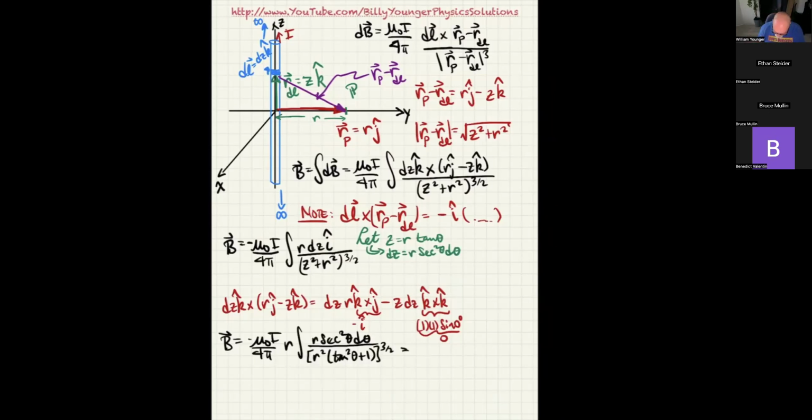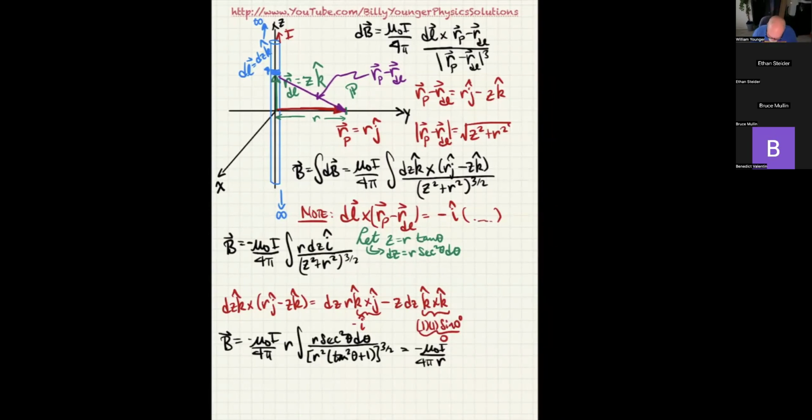Now, what I have is that r squared in the bottom being raised to the 3/2 power is basically going to make it r cubed in the bottom. And I have an r squared in the top because of those two r's that are there. So this is going to become negative mu 0 I over 4 pi, just plain r, because the r squared in the top cancels out with the r cubed in the bottom, leaving just an r to the 1 power in the bottom.